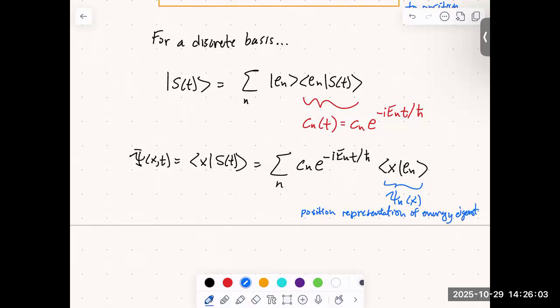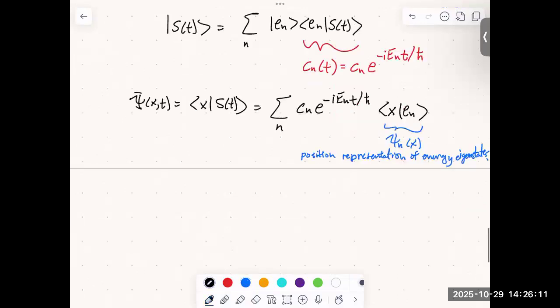We called them stationary states when we were working them out the first time. Okay, and so that means our wave function written in terms of x is the sum over n of Cn e to the minus i En t over h bar psi n of x.